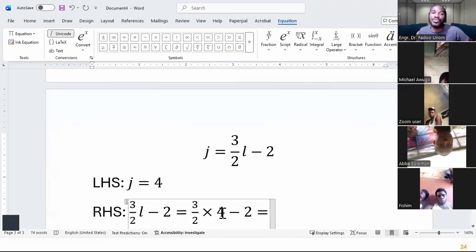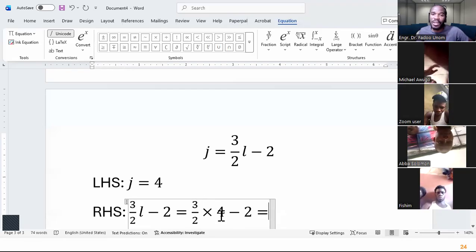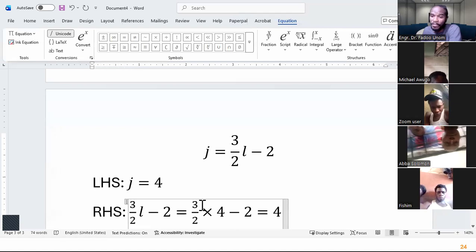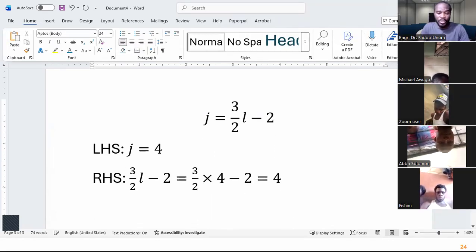We can say 2 goes into 4 2 times. 2 times 3 is 6, and 6 minus 2 is 4. Or you can say 3 times 4 is 12. 12 divided by 2 is 6. 6 minus 2 is 4. So again, obviously, the left-hand side equals the right-hand side.